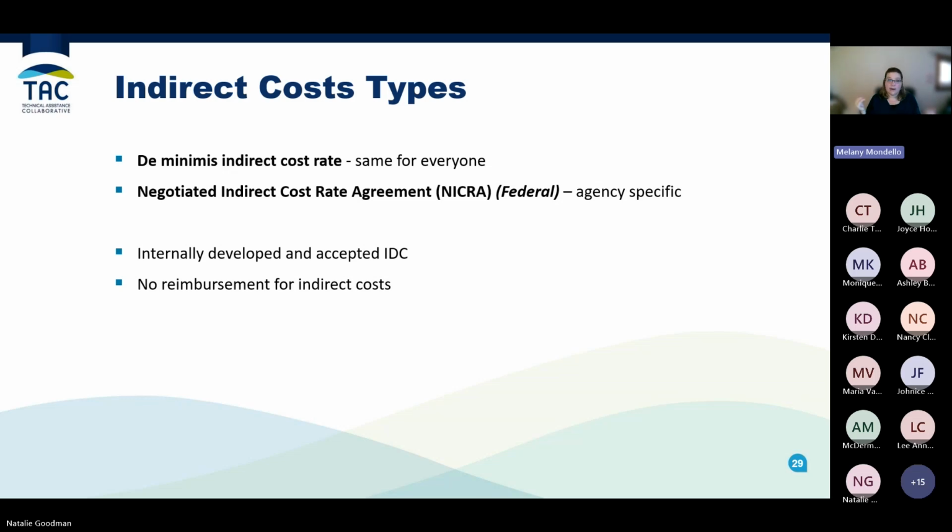"I'm going to start charging this." And I'm like, but you can't, because you don't know what your indirect costs are. You don't know how your agency is doing this. You have to work with your finance department, because you can't do it on one grant because it has money and not on another grant. You have to have rules across all the grant types. Okay, next slide.